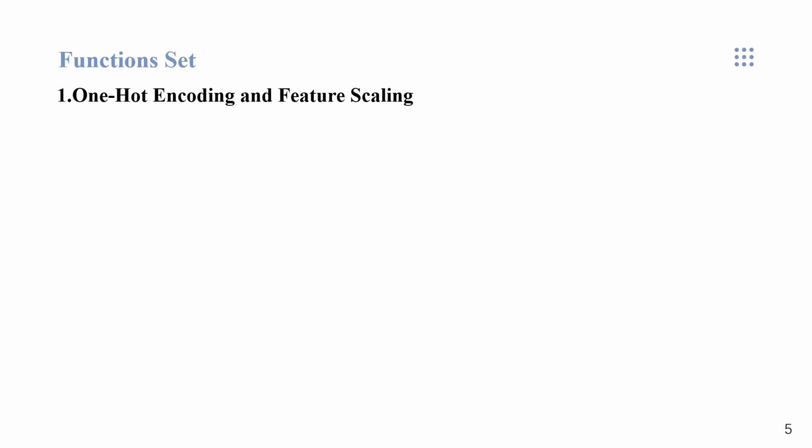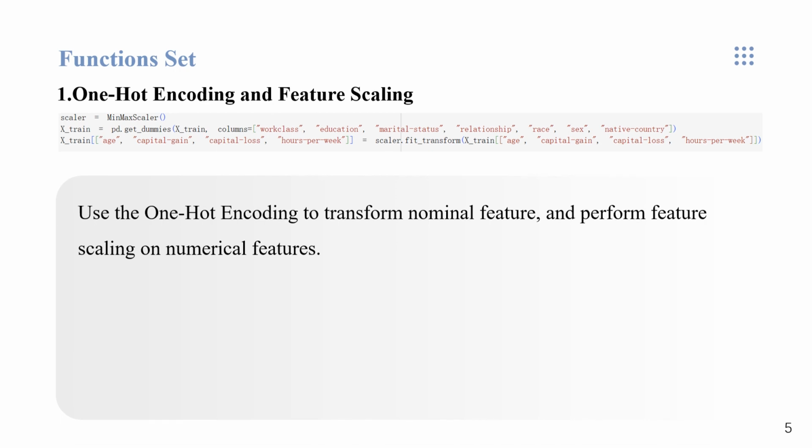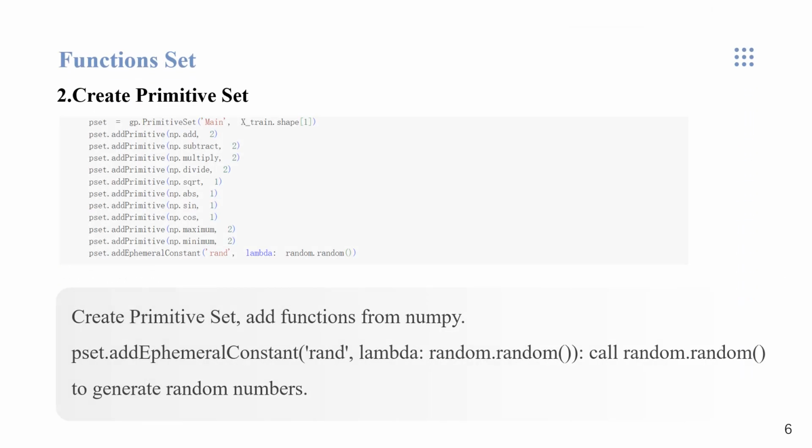Next, I will introduce my function set. In this code, I use one-hot encoding to transform nominal features and perform feature scaling on numerical features. I create a primitive set and add functions like add, subtract, sine, and cosine.